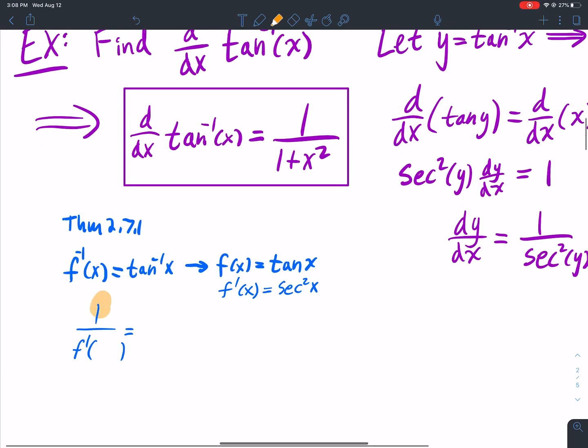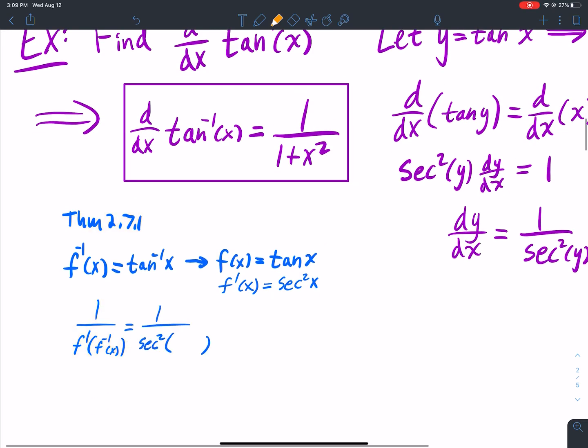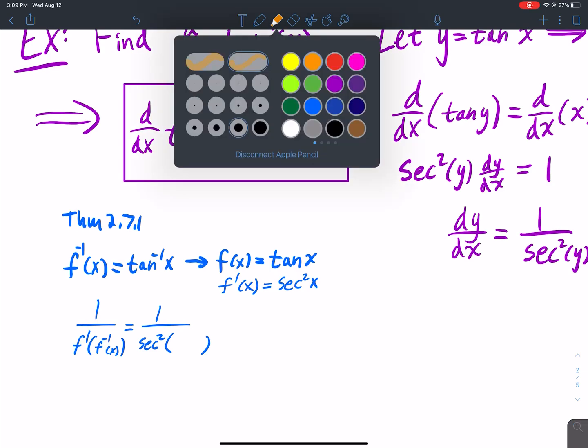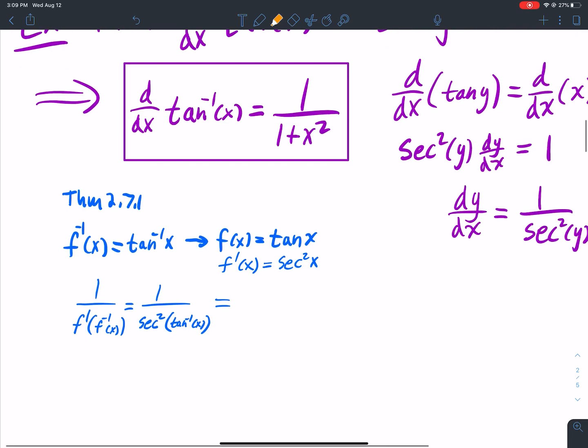So I have 1 over the derivative evaluated at the inverse. That's the definition here. So this becomes 1 over the derivative, which is secant squared, evaluated at the inverse. F inverse is arctangent. And so this gets me 1 over the square root of 1 plus x squared.